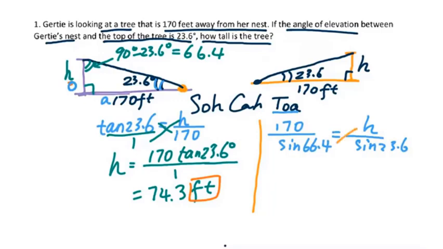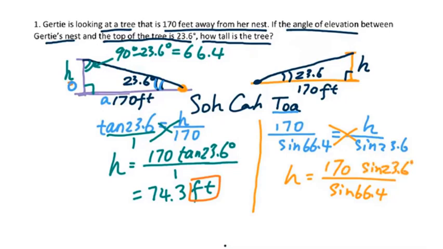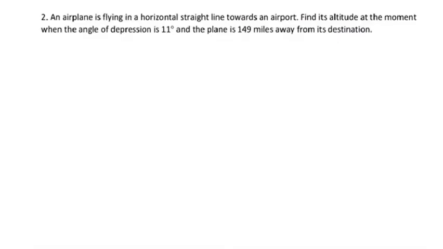Then you cross multiply. H equals 170 times sine 23.6 degrees, with sine 66.4 as the denominator. Then we put it into the calculator. You will get the same answer, 74.3 feet.